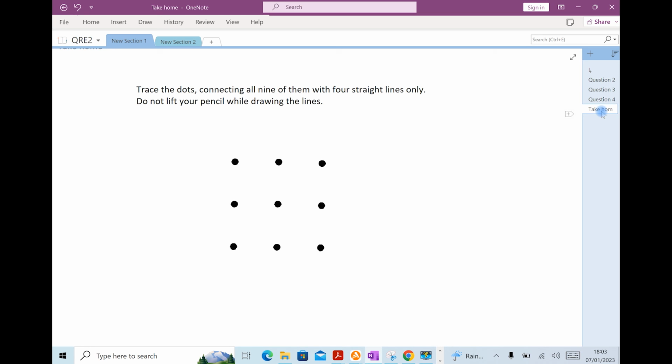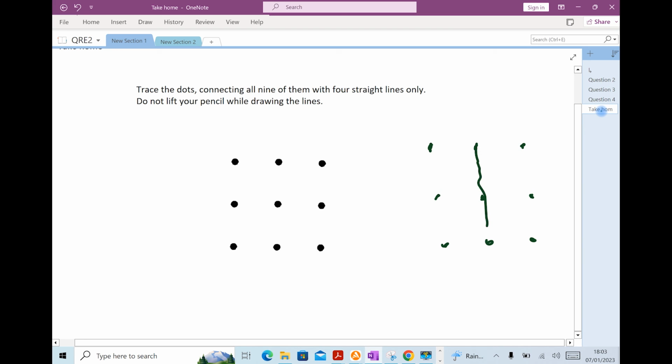Okay? For instance, if you wanted to connect these 3, you must not lift your pencil and go up here again. You must continue from this point where you stop to draw another straight line, something like this.